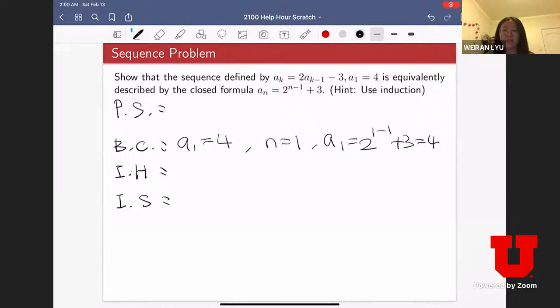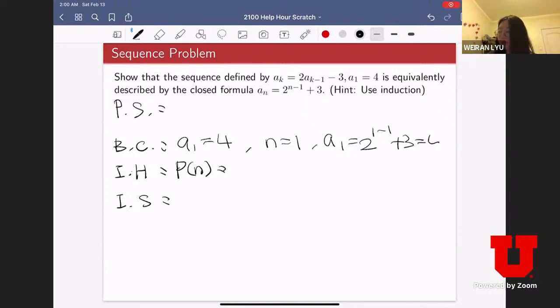The hypothesis can be that we assume P of n is true, and we want to prove that P of n plus 1 is true. Or you can assume that P of n minus 1 is true and show that P of n is true. I think that assuming P of n and then proving n plus 1 is true is easier in this case. Okay, let's just assume that. So I want to assume that P of n is true.